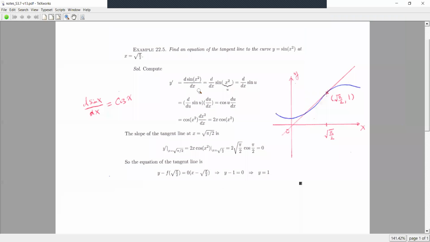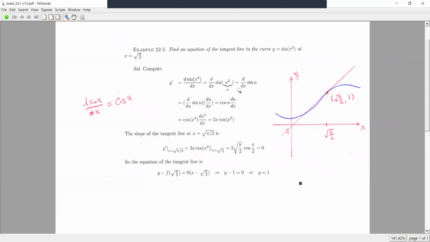Now, compute the derivative by the chain rule. Set u to be x squared, then the function becomes sine of u. Because in this derivative, x and u are different, we cannot compute the derivative directly.